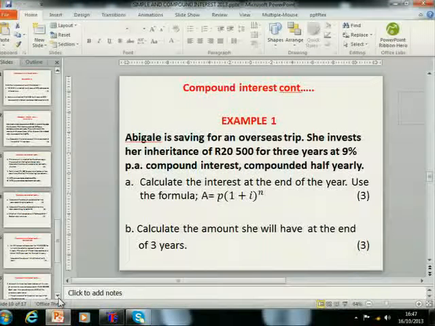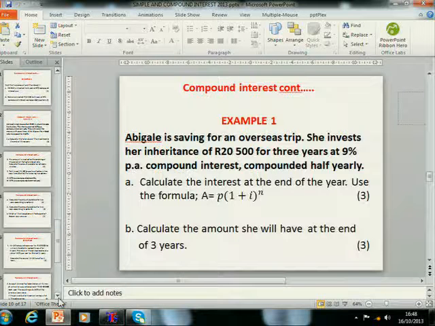What must be divided? Our interest, 0,09, must be divided by 2. And then our n, 3, must be multiplied by 2. Remember, we are going to get that interest 6 times because it's 2 times for each year.